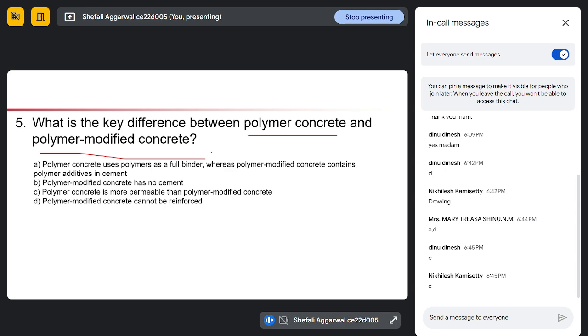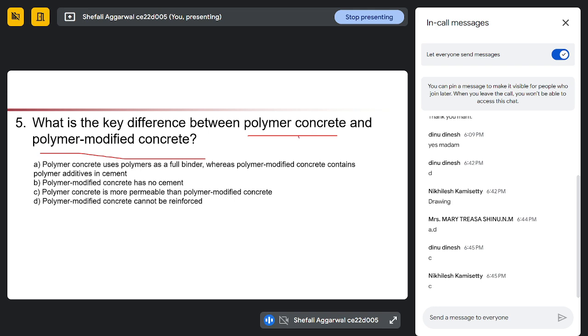D: polymer modified concrete cannot be reinforced. So we didn't talk about these types of concretes.